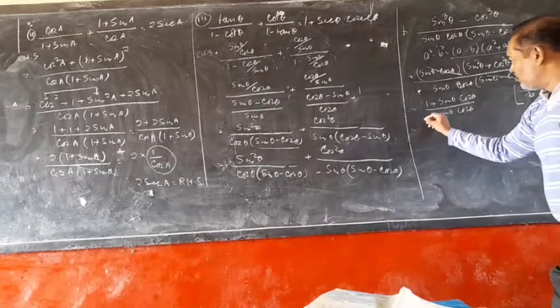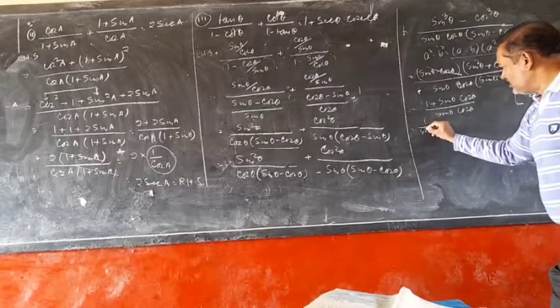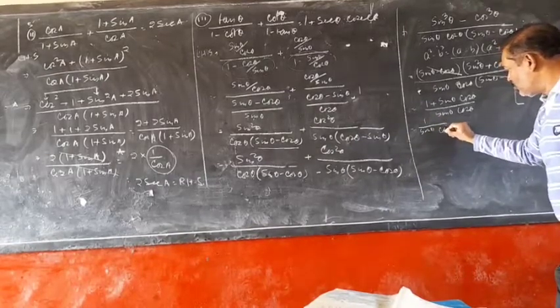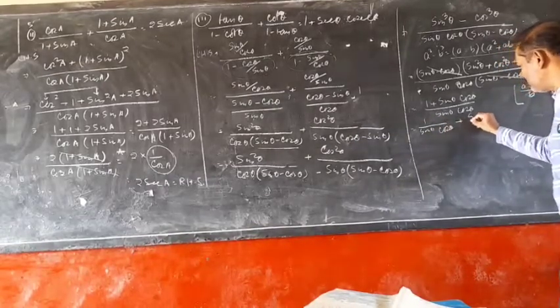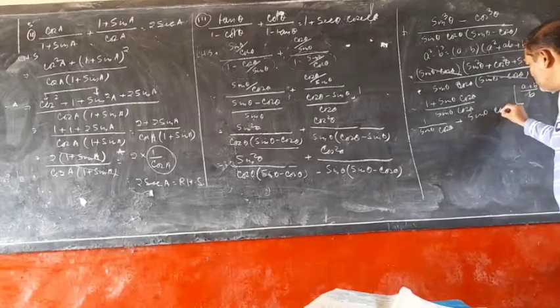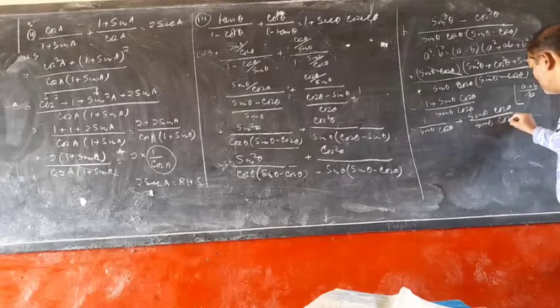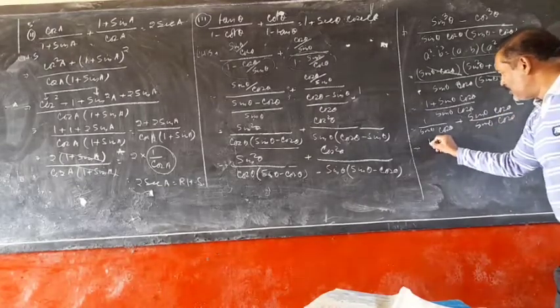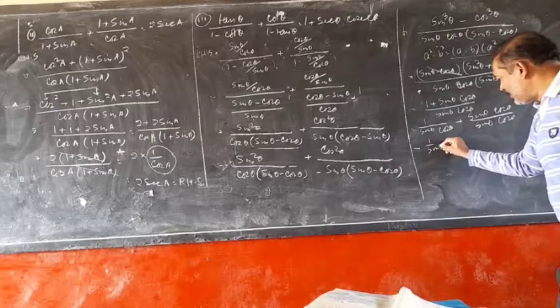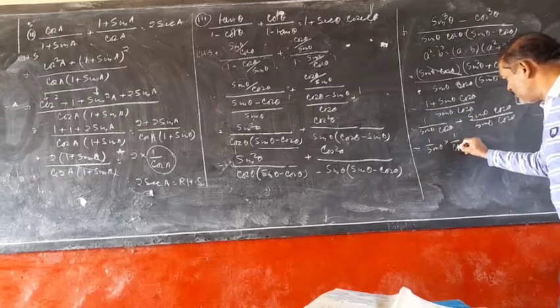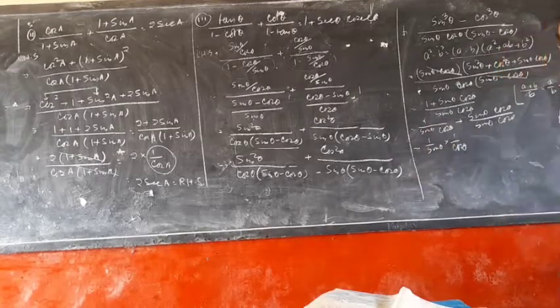This can be written as 1 upon sin theta into cos theta plus sin theta into cos theta upon sin theta into cos theta. This can be written as 1 upon sin theta into 1 upon cos theta, because 1 into 1 is equal to 1.